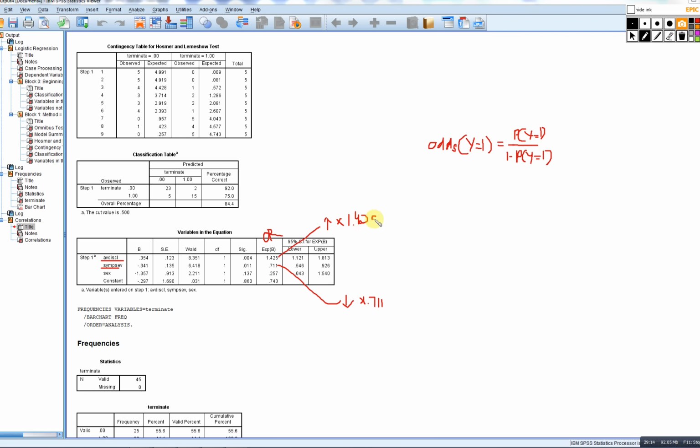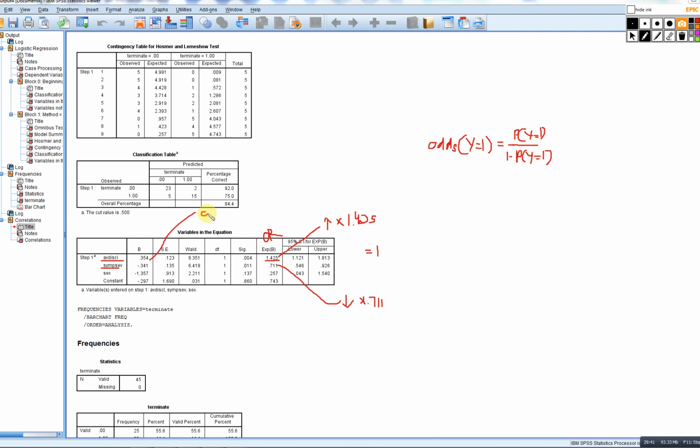Basically, if the odds ratio is equal to 1, that means that there is no change in the odds as scores increase on the predictor variable. And if the odds ratio is 1, you'll have a regression coefficient that would be equal to 0.